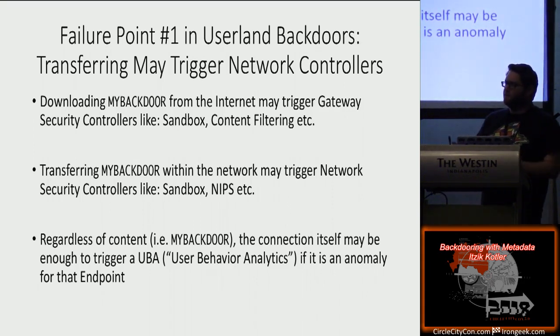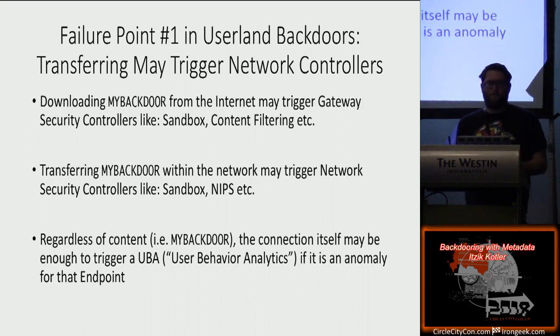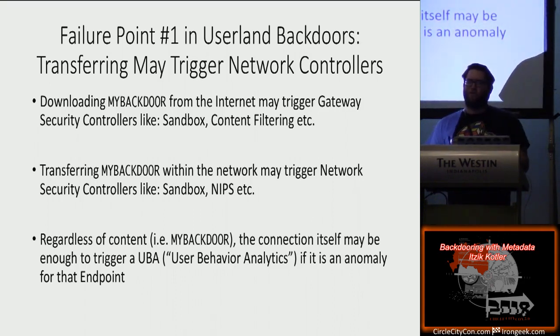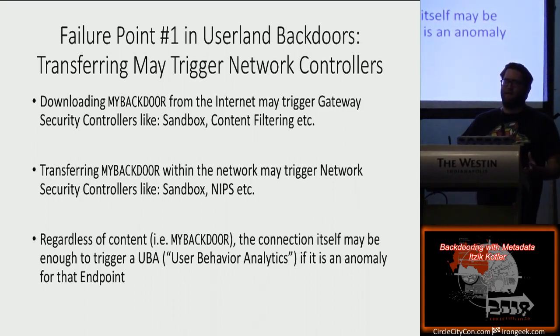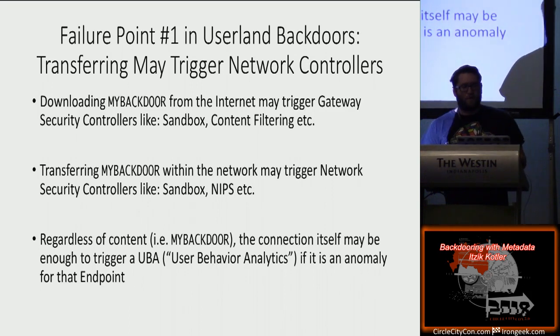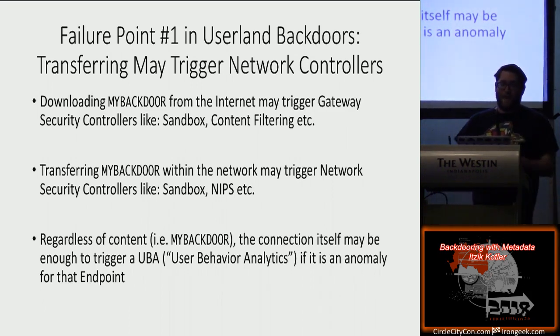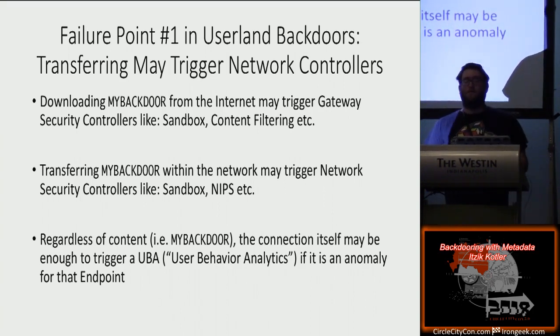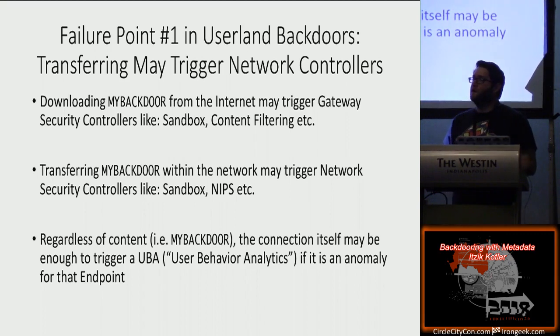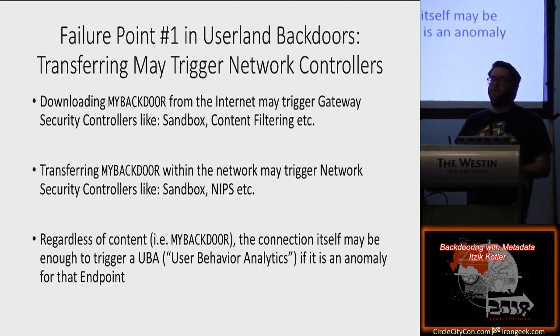Let's talk about some failure points that can happen at this stage. First and foremost, the act of trying to download that particular sample of malware or backdoor tool may trigger an array of different network controllers. The act of downloading can go through a gateway of the customer prospect, and then security solutions like sandboxing or content filtering may pick it up.